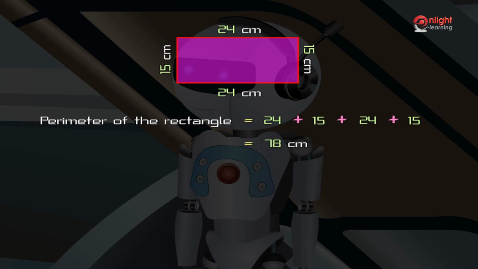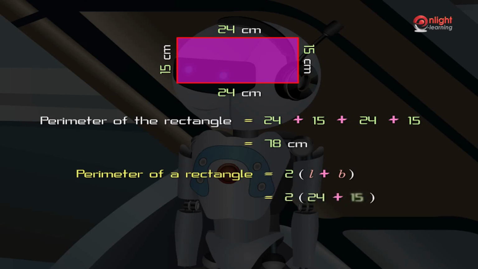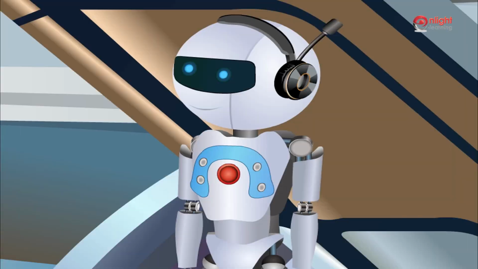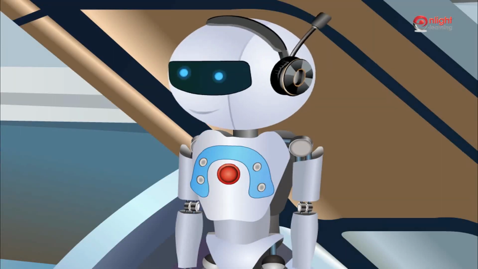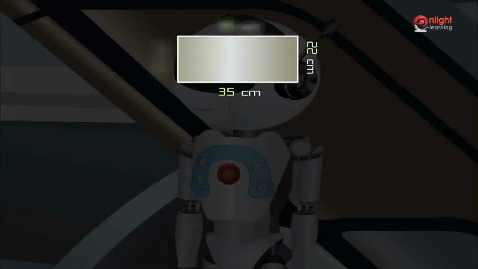This can be solved much quicker if we directly use the formula: perimeter of a rectangle is equal to 2 times the sum of length and breadth, which is equal to 2 times the sum of 24 and 15 centimeters, which is equal to 78 centimeters. Akash, can you find the perimeter of the rectangle shown in the figure?